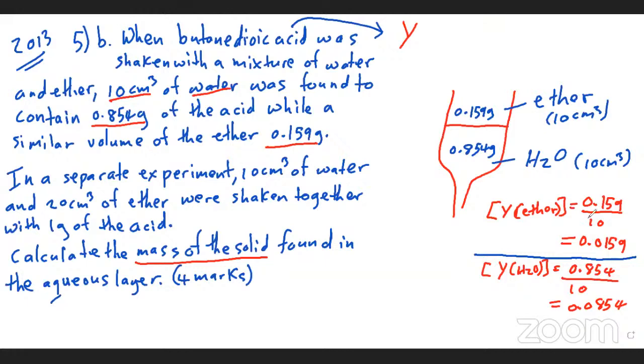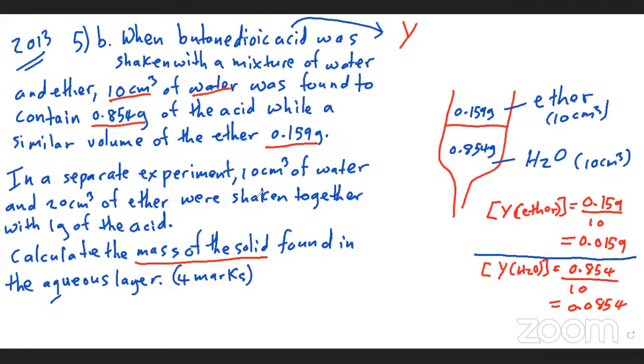So now that we have the concentration in ether and water, let us see which one should go on top. So butane dioic acid, when this was shaken with a mixture of water and ether, 10 cm cube of the water contained 0.854, and the acid in the ether contained 0.159. Based on these numbers, the acid is more soluble in which one?